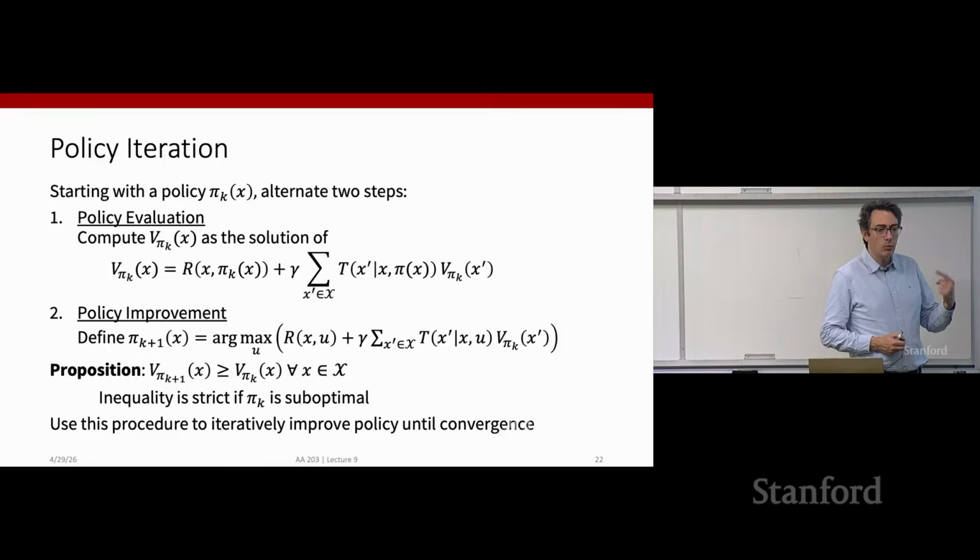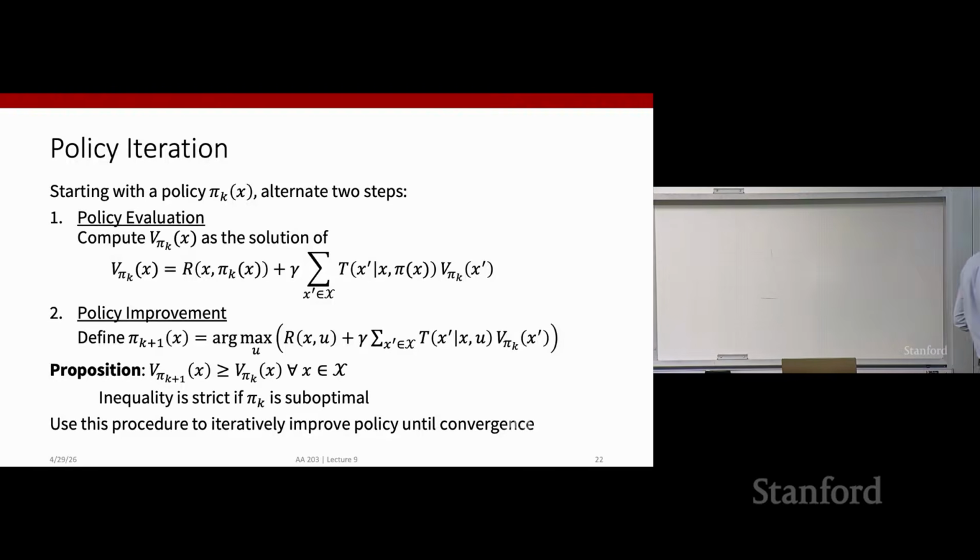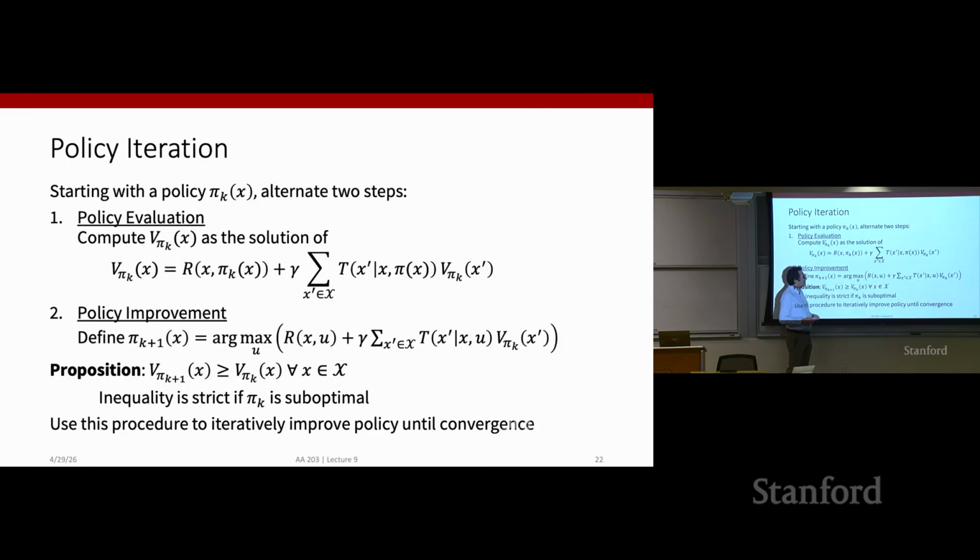So basically, we take a one-step Bellman equation to try to improve the action that I should be taking at state x. This is not the optimal action. The optimal action will be the one that you would compute if you were to plug in v star, the optimal value function.